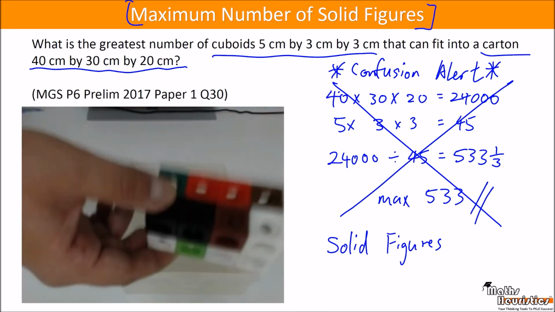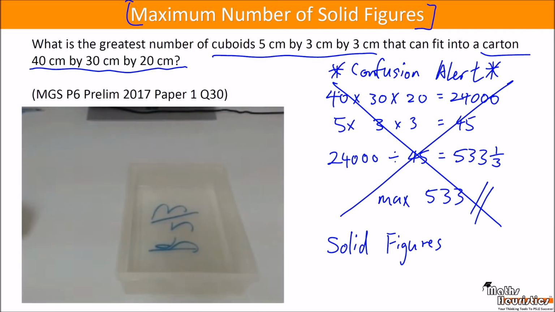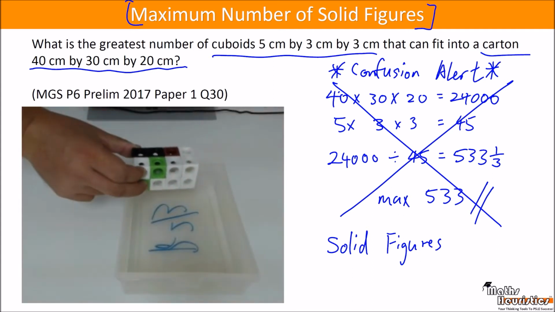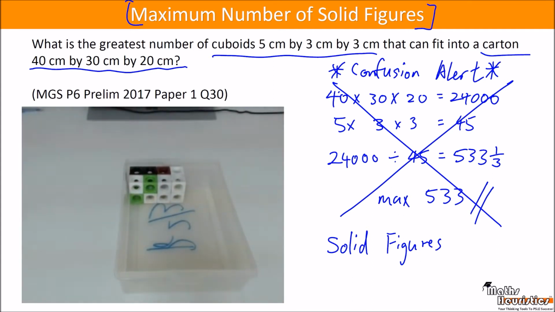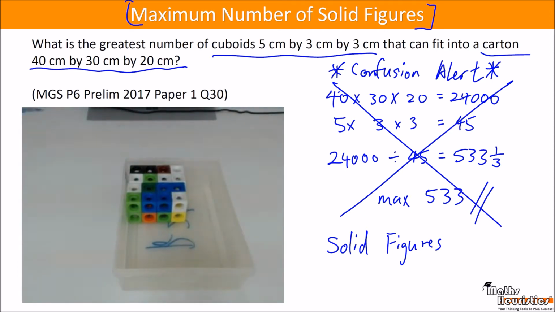For solids, I have formed up these cuboids that will try to fit into this container, and they can be done in 3 ways. The first way would be to fit them in like this. And what's the maximum number I can obtain?